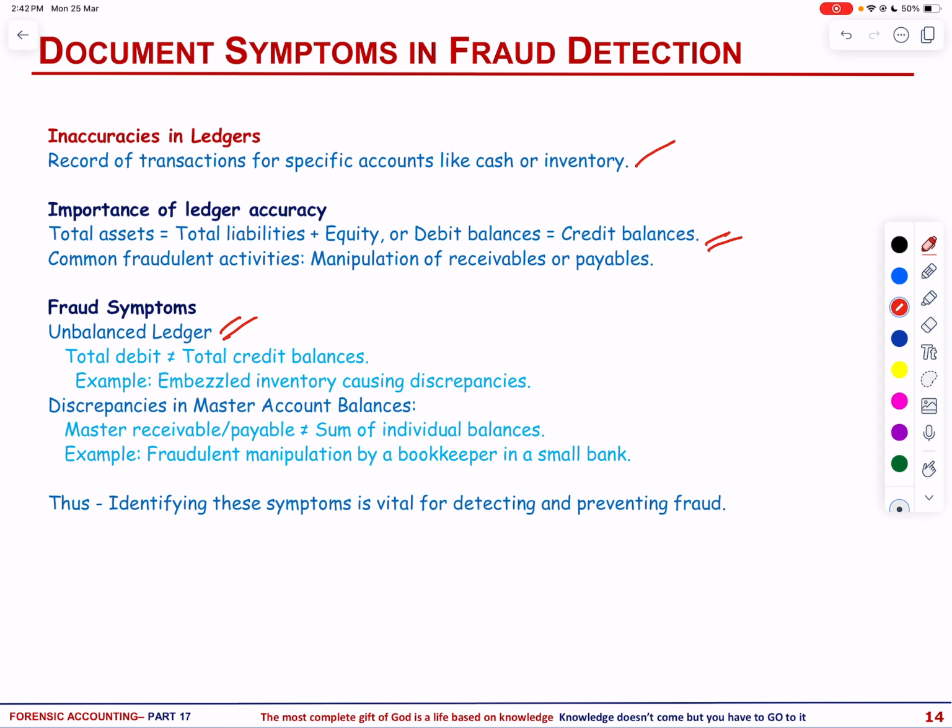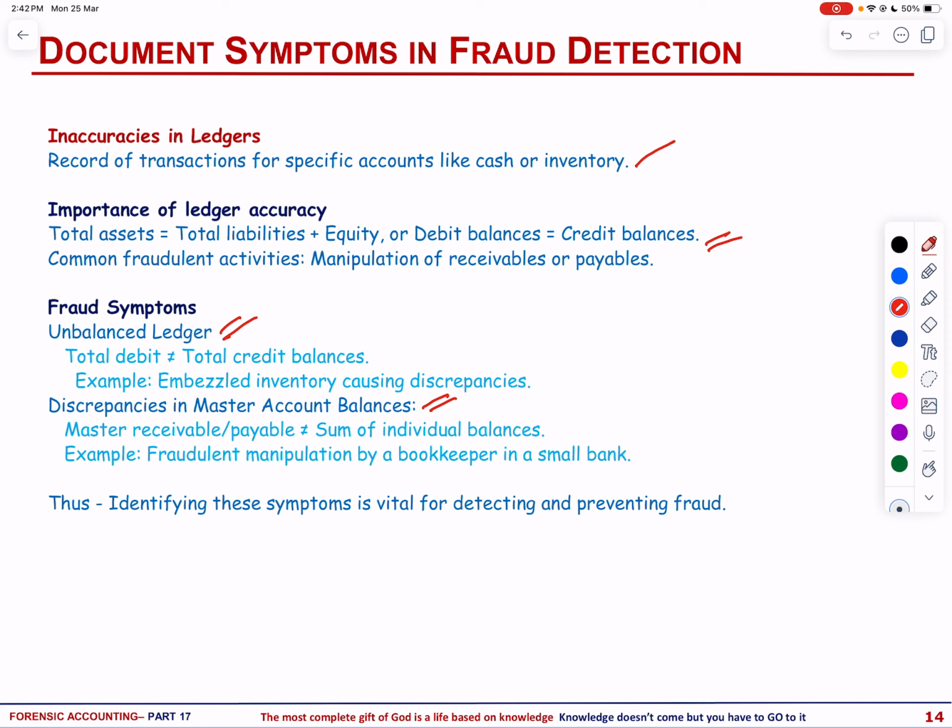Then, discrepancies in master account balances. Here, master receivable or payable account balances do not match the sum of individual customer or vendor balances, suggesting manipulation of individual balances without altering master accounts.